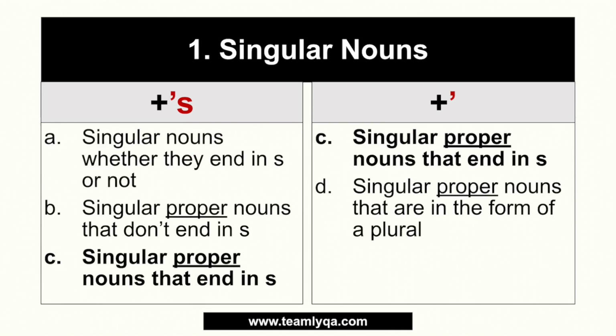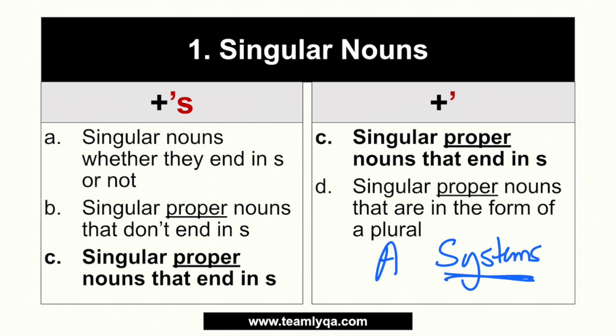Now, letter D, this is the rule kapag apostrophe lang ang i-add. You use it for singular proper nouns that are in the form of a plural. Ano ibig sabihin nun? These are words na capital, yung first letter, pero may S din sa dulo. For example, sabihin natin, A systems.